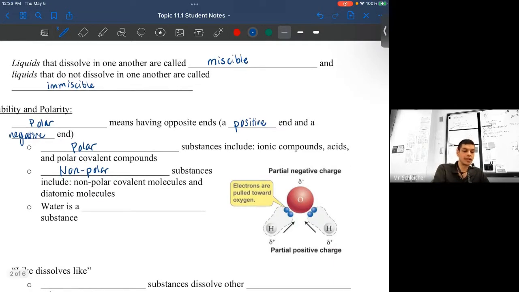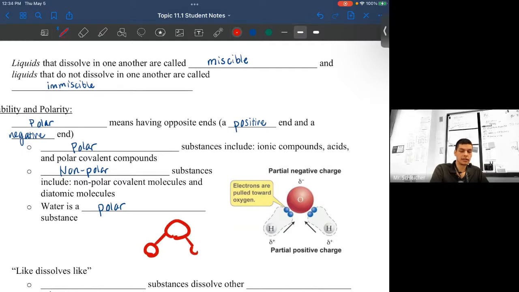So water is known as a polar substance, and that means it has opposite ends, a positive end and a negative end. And just to briefly explain, why does water have a positive end and a negative end? Well, a water molecule looks like this.